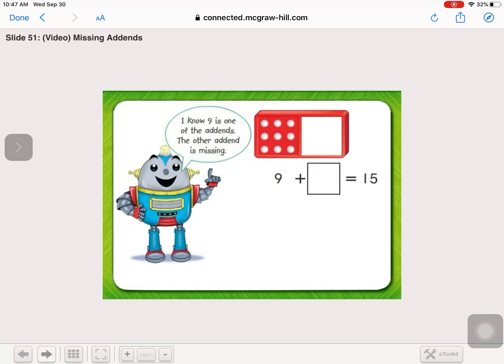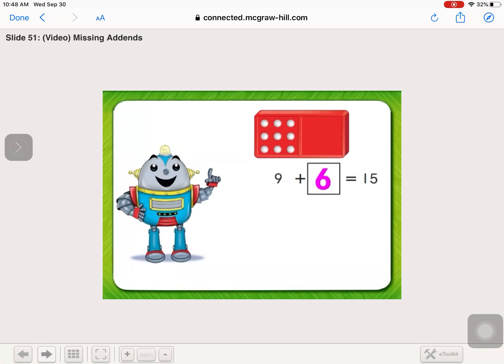Missing add-ins. Sometimes we have a math problem like this one with a missing add-in. Let's listen in to Matthew Can Do. I know 9 is one of the add-ins. The other add-in is missing. 9 plus some add-in equals 15. You can use a related subtraction fact to help find the missing addend. Now let's think what 15 minus 9 equals. It's 6. So 9 plus 6 equals 15.